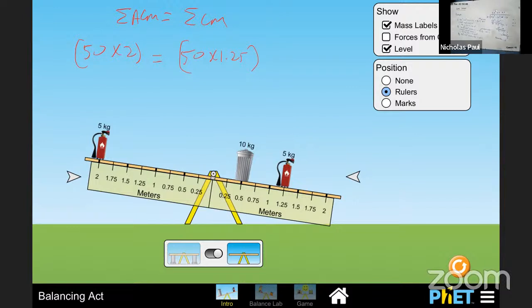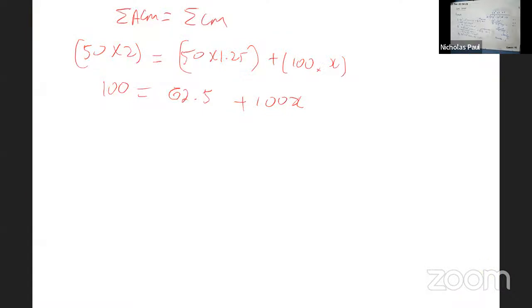Right, so it's 50 by 1.25 plus 100 by x. So this is 100 is equal to what's 50 by 1.25? 62.5. Anyway, 100x. So that will be 100 minus 62.5 is equal to 100x.